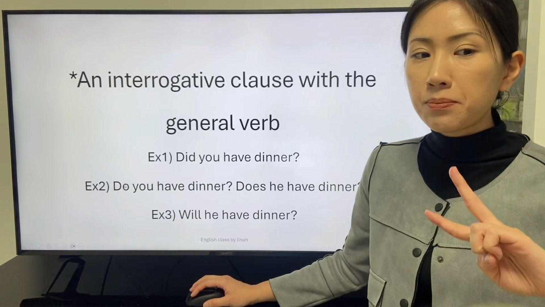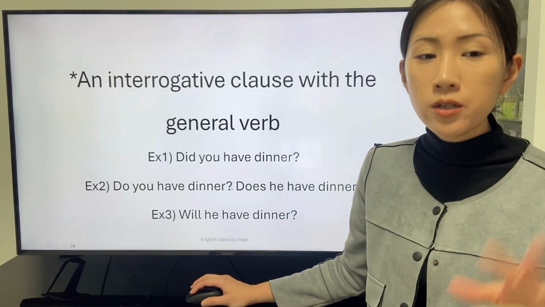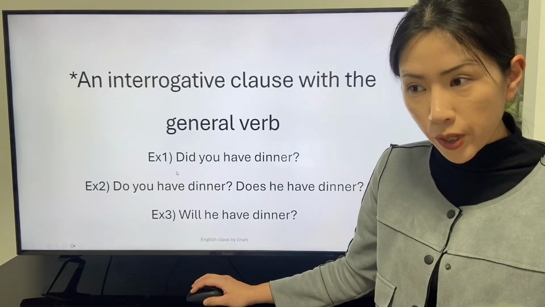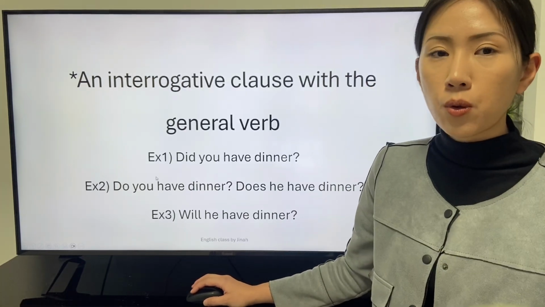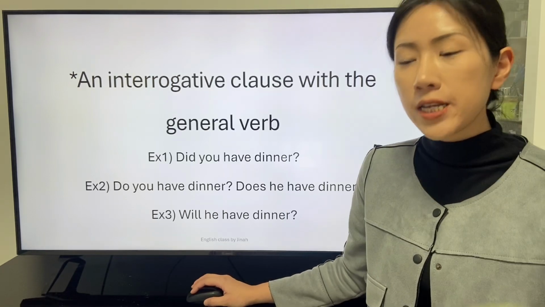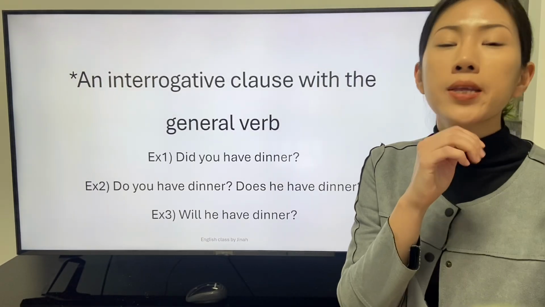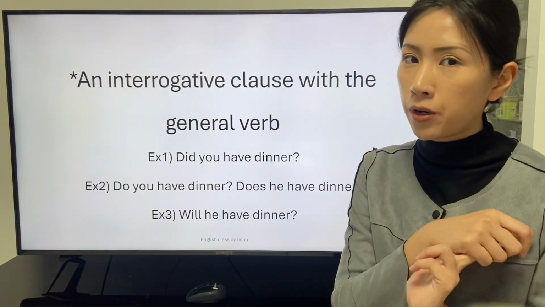The second exemplary clauses are these. Do you have dinner? Does he have dinner? With the modal verb do or does, the listeners can recognize that the interrogative clause is about the present experience, condition, or action.